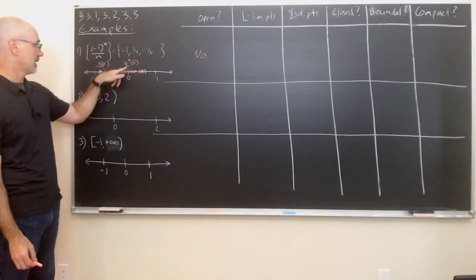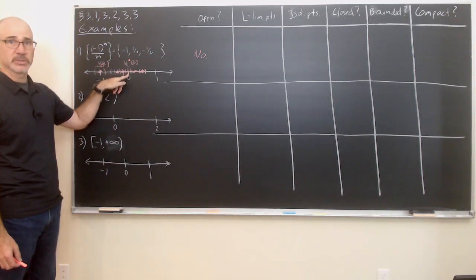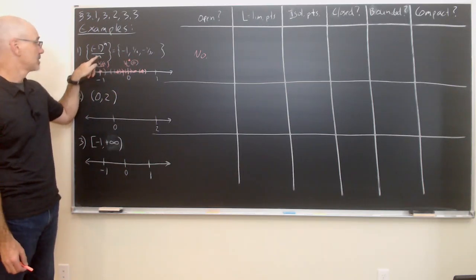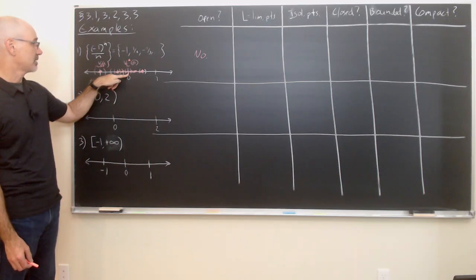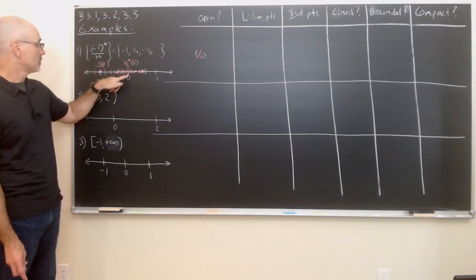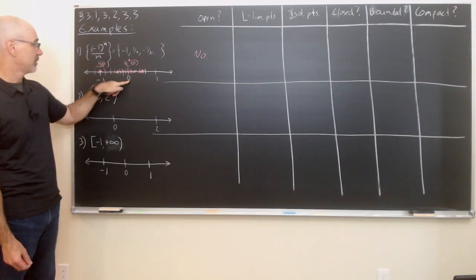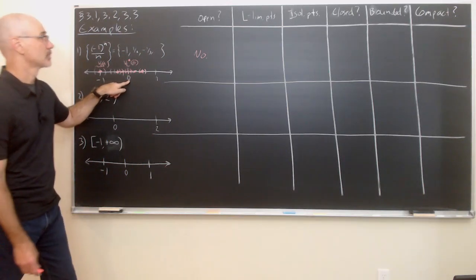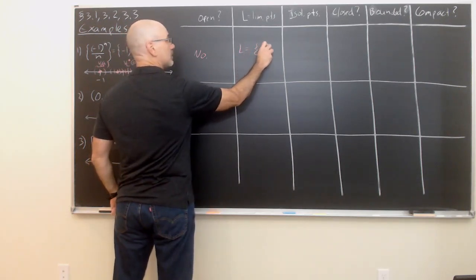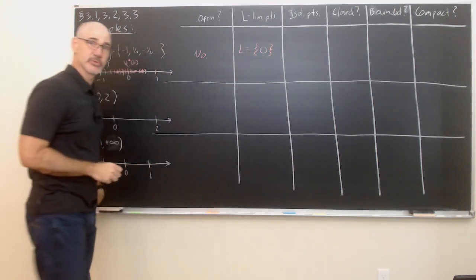So if I took epsilon to be 1 over 1,000, then I just have to go out until n is bigger than 1,000, and then I'll be inside that epsilon deleted neighborhood around 0. So we have found a limit point, and in fact it's the only one. So the limit points here is just the number 0.